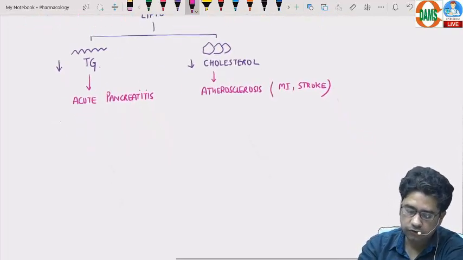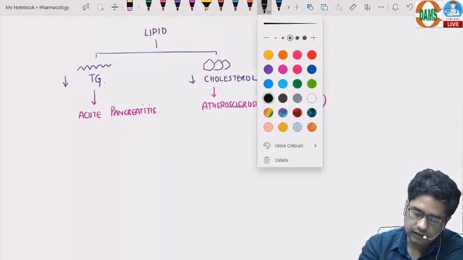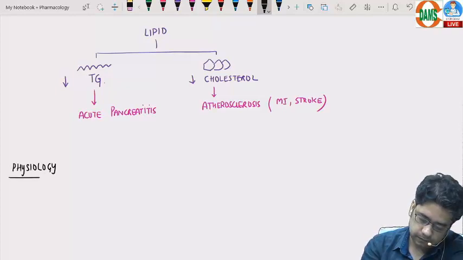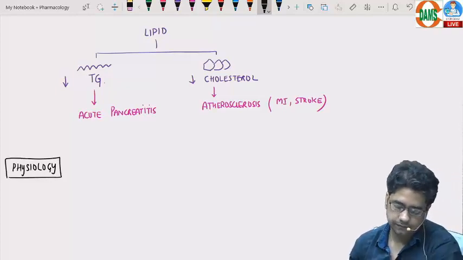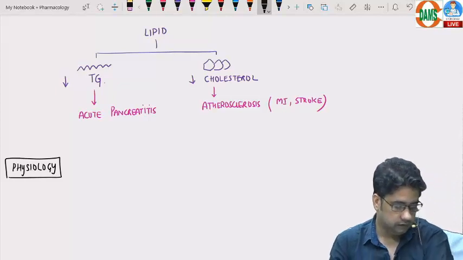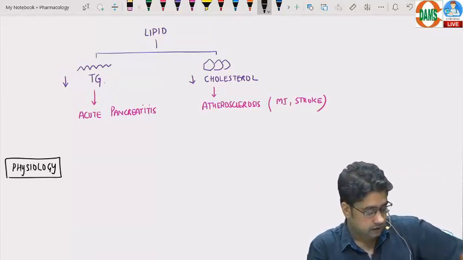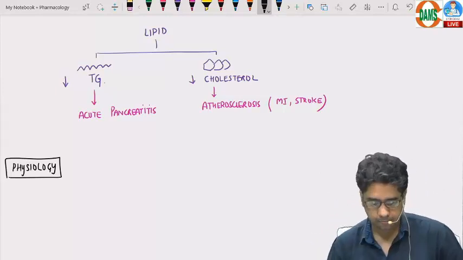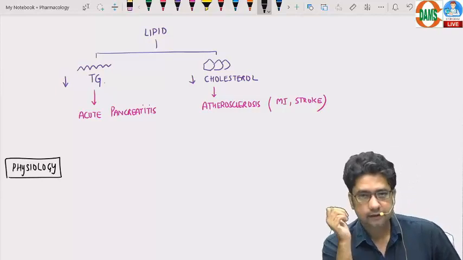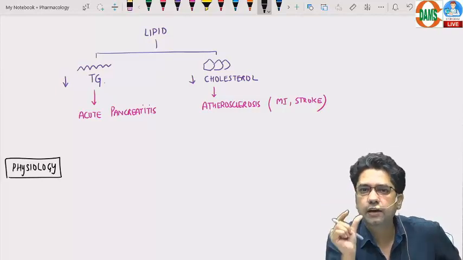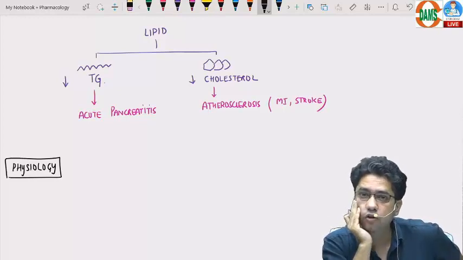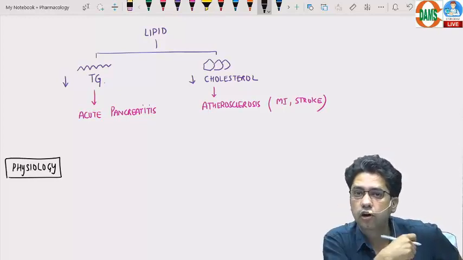Now the point you have to remember is, first point, let's talk about physiology of these lipids. Now fatty liver is not a problem. Now I want to ask you one thing, that these lipids, they are fatty molecules. Yes, we know. And fat, they cannot dissolve in water.